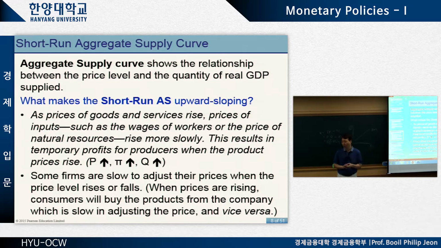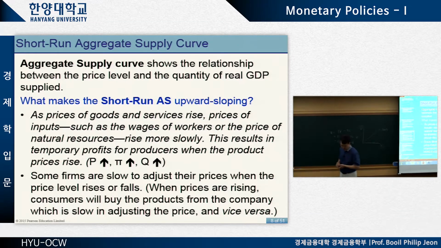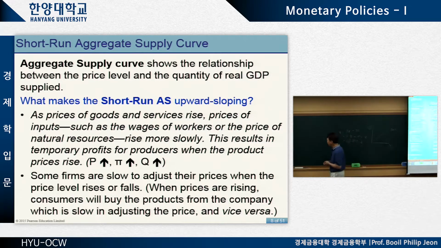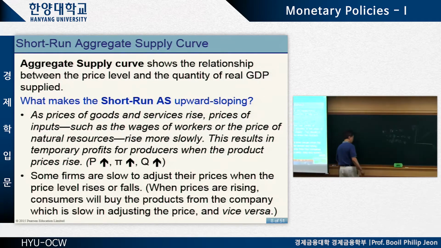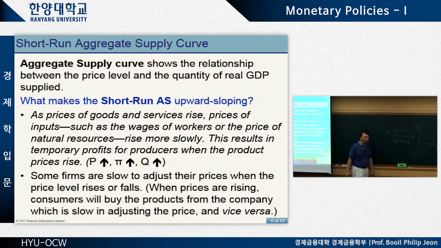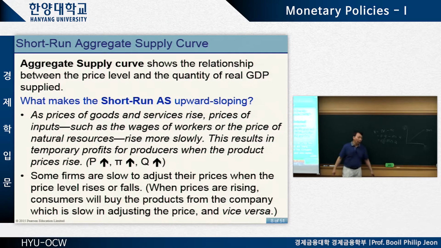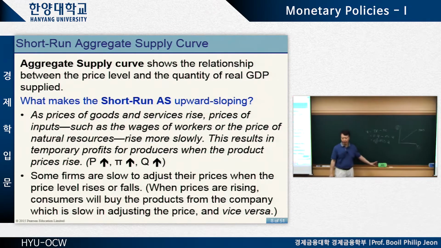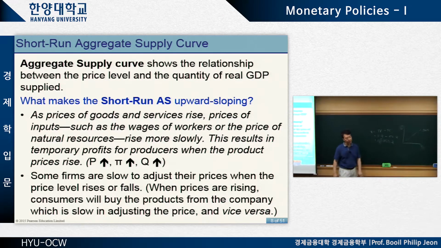Why? Can you imagine why? Well, you can think this way. Whatever the reason the price of your product increases, why would the resource price also increase? Well, ultimately, because producers try to increase the output.